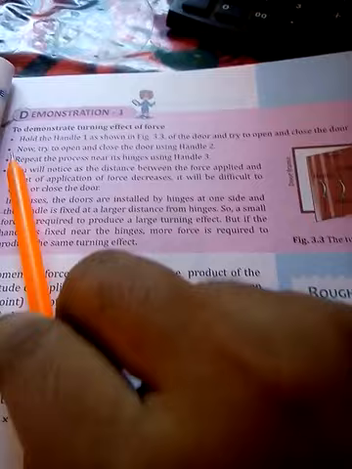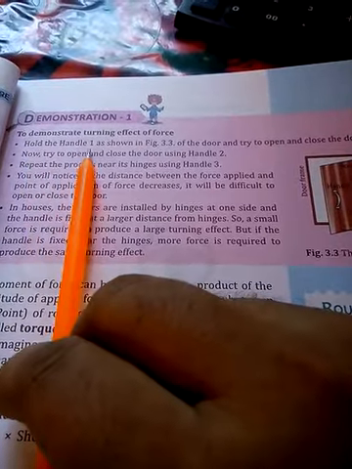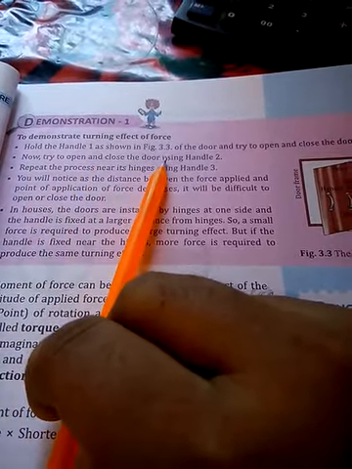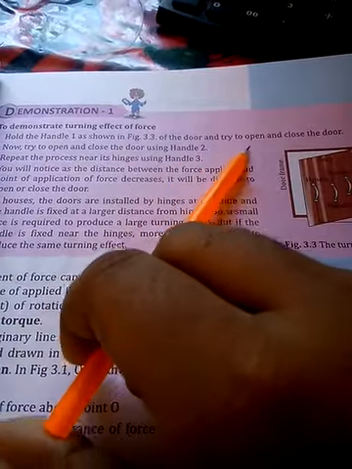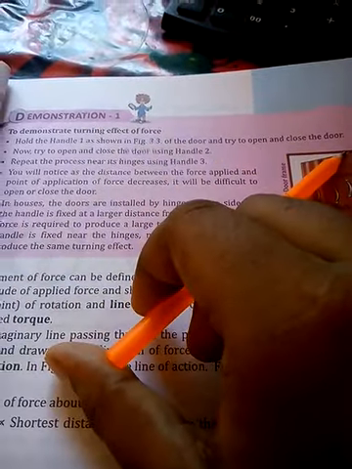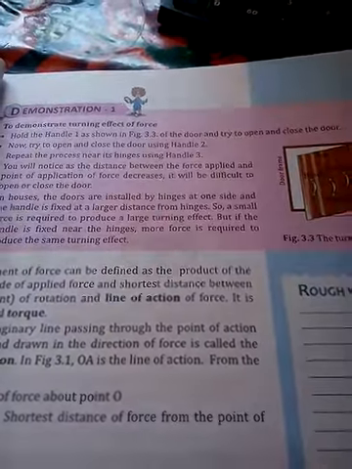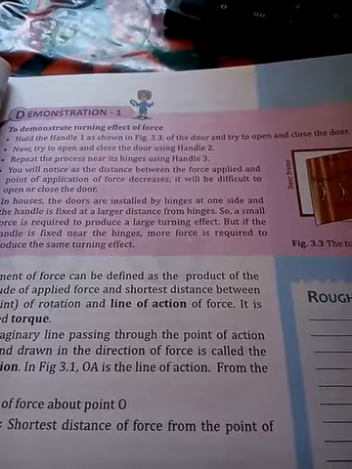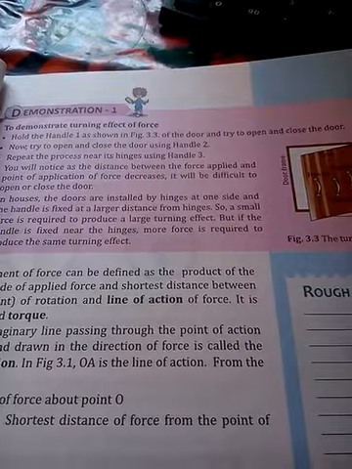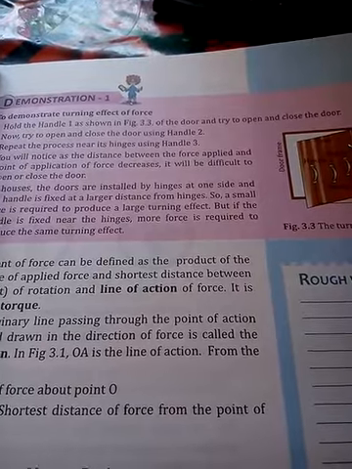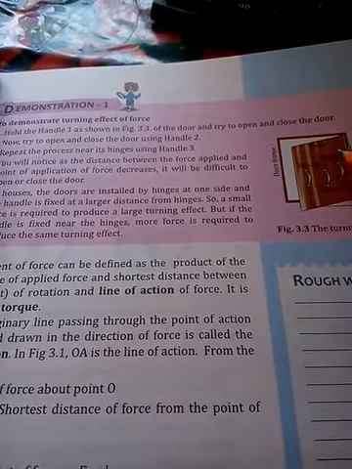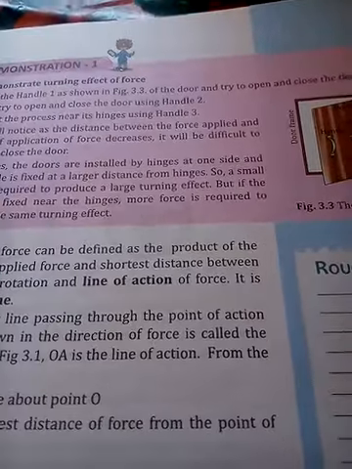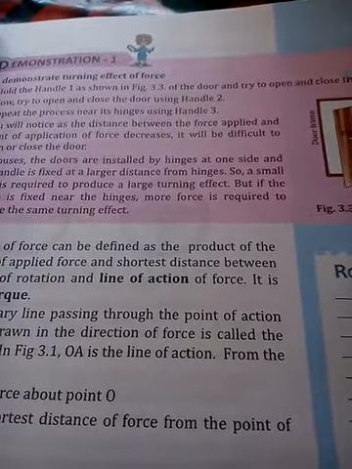What we have to do is first hold handle 1 as shown in figure 3.3 of the door and try to open and close the door. Then try to open and close the door using handle 2. Repeat the process near its hinge, using handle 3.